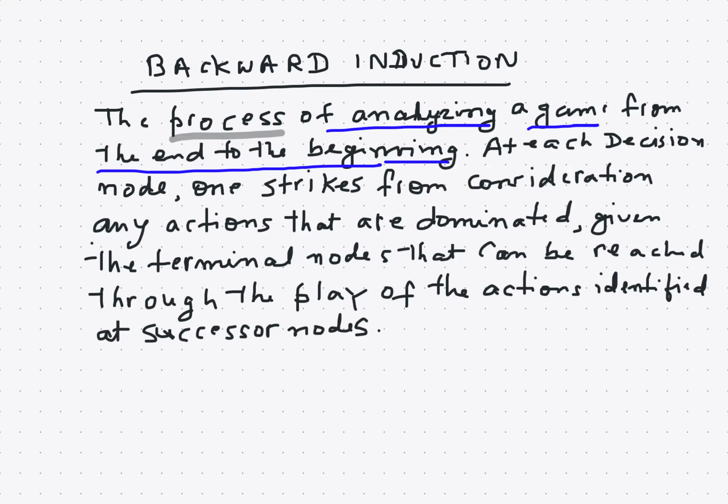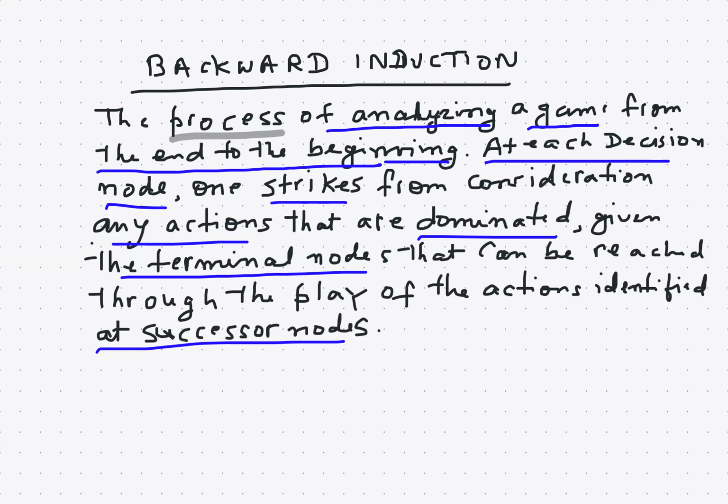So basically you are moving from the last stage of the game to the first stage. At each decision node, one strikes from consideration any actions that are dominated, given the terminal nodes that can be reached through the play of the actions identified at successor nodes.